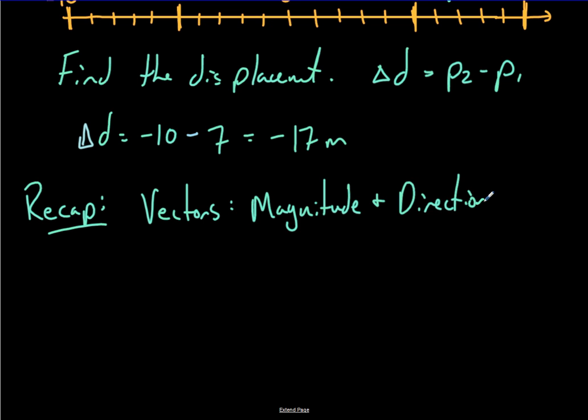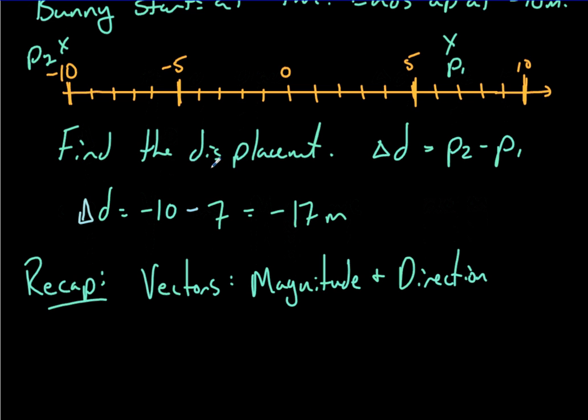Now when we say direction, we know in real life it's left and right, but you can't do math with left and right, can you? Not really. So we make negative and positive stand in for left and right. Then we can do math with it. Math understands negative and positive, but it doesn't understand left and right.